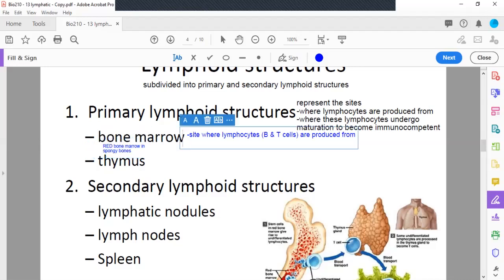Now, the bone marrow is a site where lymphocytes, the B and the T cells, are produced from. When I use the word lymphocyte, it includes the B and the T lymphocytes.